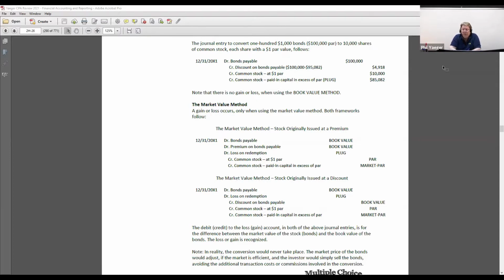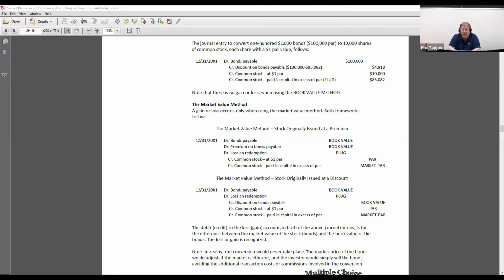Par and additional paid-in capital in excess of par, right? Those two amounts are the market value. You know what the par value is because they'll tell you. So if they give you the total market value, you take the total market value of the common stock less the total par value, and that gives you additional paid-in capital in excess of par. And then what's your plug? Gain or loss on redemption. Do you see that?